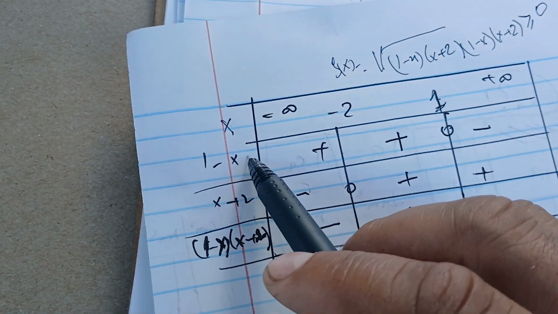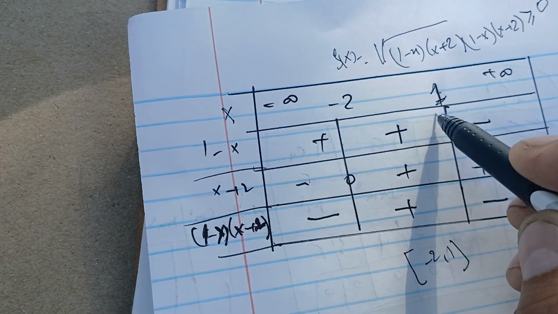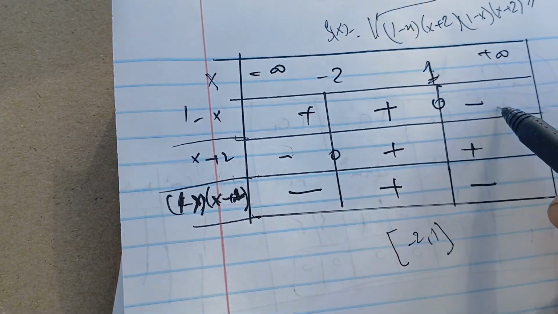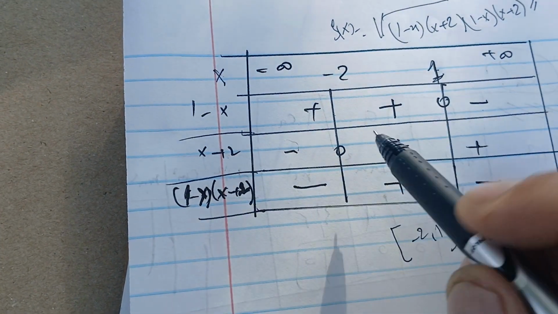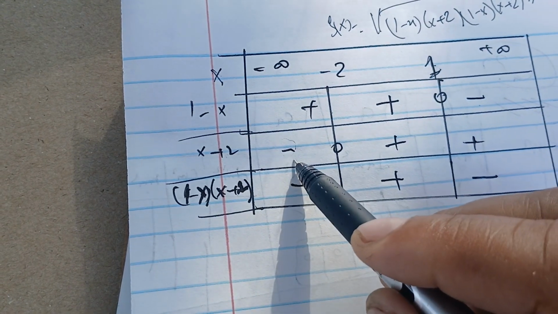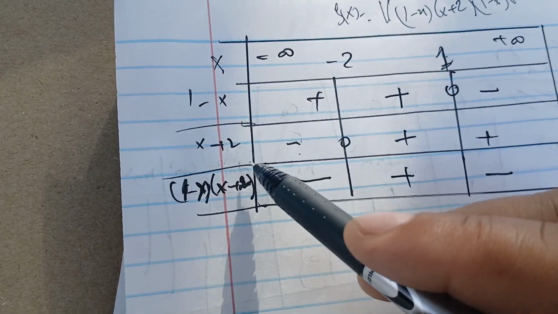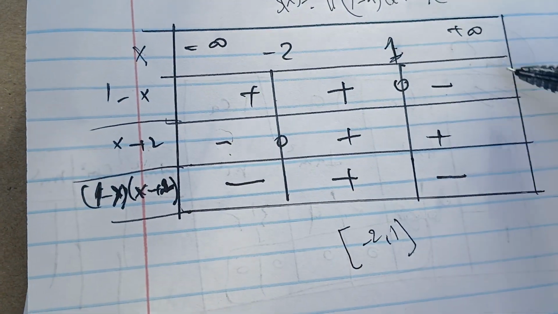For 1 minus x, it's positive when x is less than 1, and negative when x is bigger than 1, because of the minus sign. For x plus 2, it's negative when x is less than minus 2, and positive when x is bigger than minus 2. To get the sign of the product, just multiply.